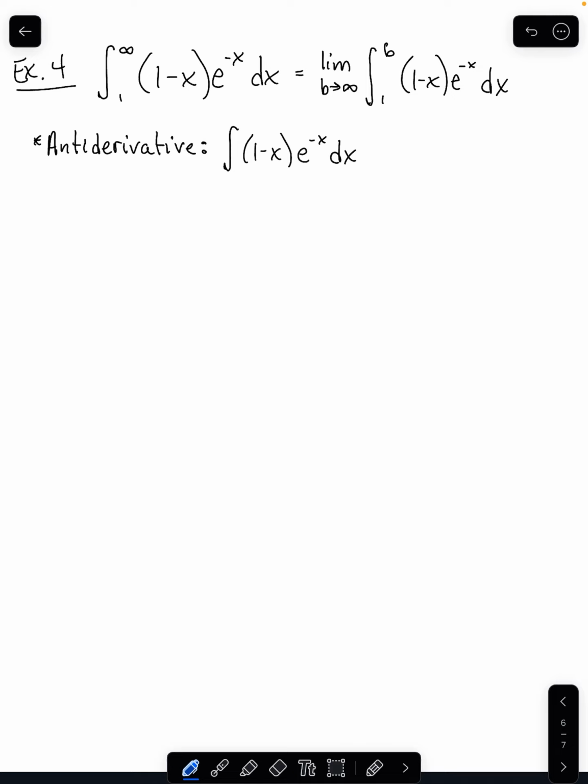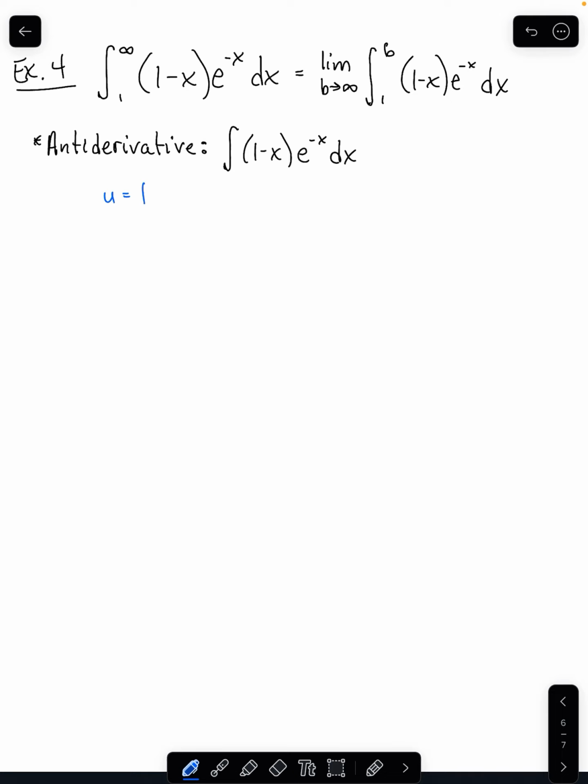We know that e to a power both integrates or differentiates to the same level of complexity. So it does not matter which we choose for e to the negative x as, either dv or as u, but 1 minus x is a polynomial expression, and that would do best as u, where it can be differentiated.